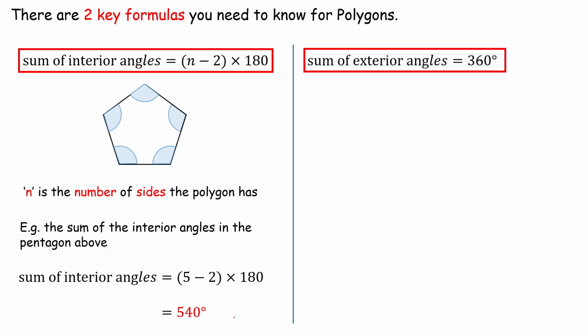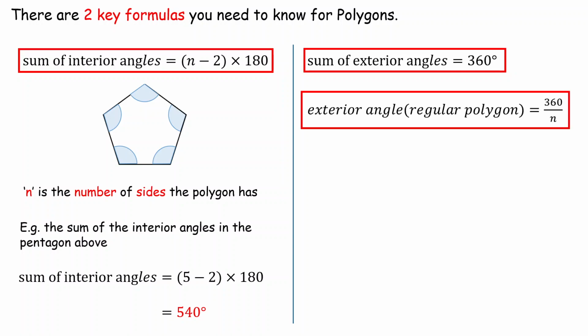The second one is the sum of the exterior angles of a polygon add to 360. So if you've got a polygon, if you take this angle, add this, add this, add this, they add up to make 360. Now, if your polygon is regular, so all of your sides are the same length, you can then go a little bit further and say, to find one missing angle, you can do the total, which is 360, and divide it by the number of sides or the number of angles.